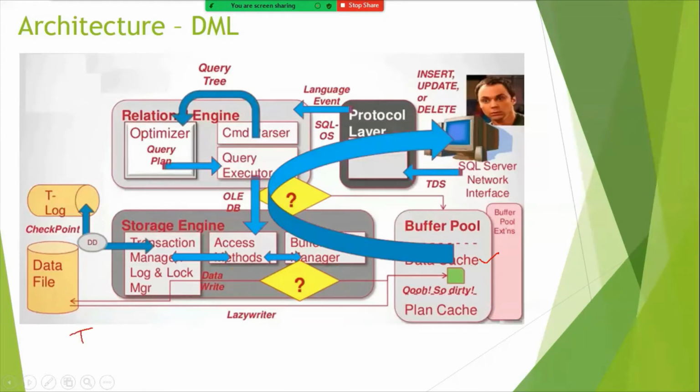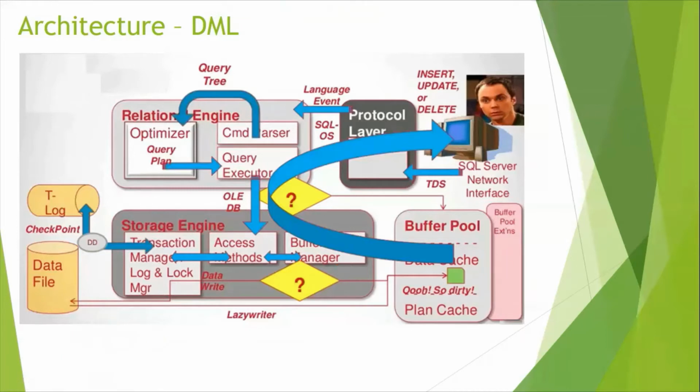So that is where we have IO, input output, right? Where it connects to the physical data file and reads the pages. Once the pages are read, they will be saved in the data cache, right?